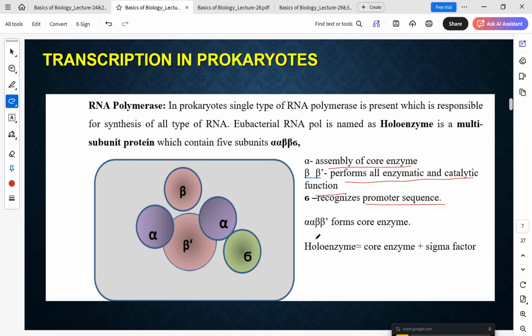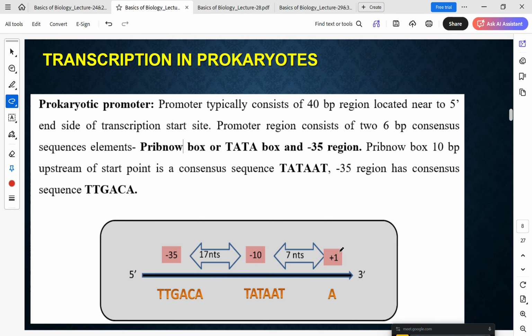The core enzyme is formed by 2 alpha subunits, beta and beta dash, whereas the holoenzyme, the functional enzyme, comes together when there is sigma factor as well. So holoenzyme is the actual functional RNA polymerase.